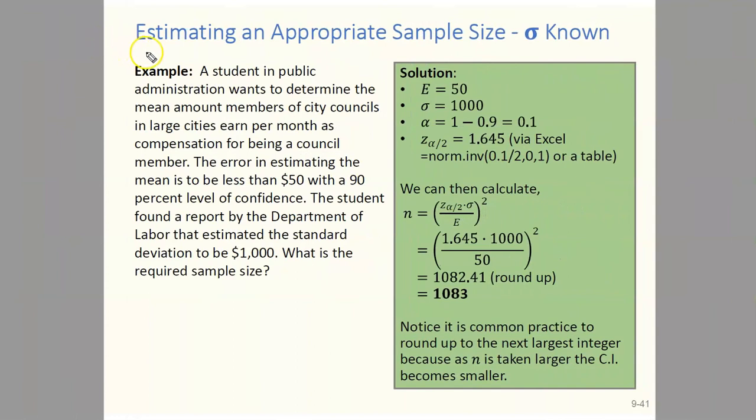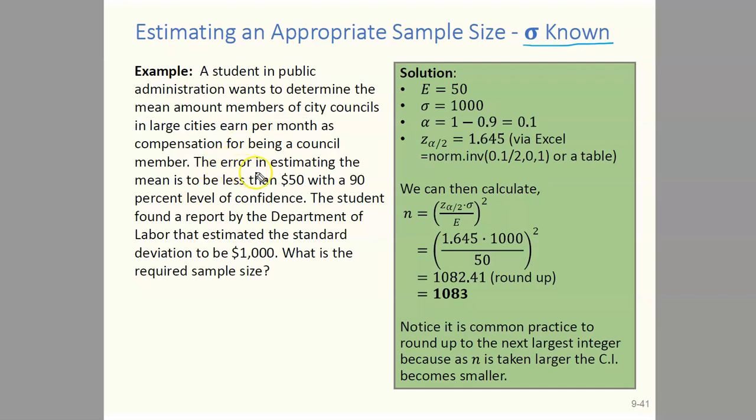Now let's take a look at this example where we determine a necessary sample size when the population standard deviation sigma is known. So a student in public administration wants to determine the mean amount members of city councils in large cities earn per month as compensation for being a council member.